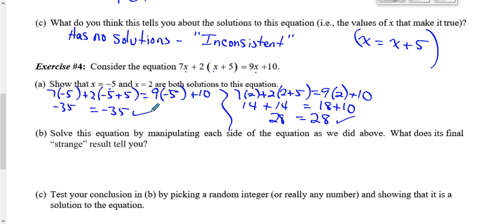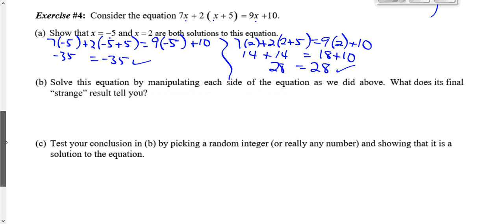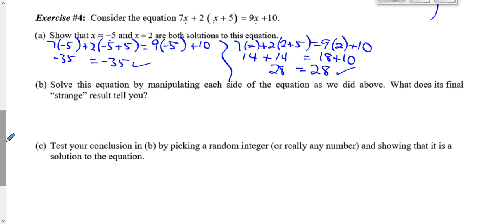Why don't we go through and solve this equation like we normally do and see what happens then? We know how to solve them, right? Let's take the 7x plus 2 times the quantity x plus 5 and distribute. If we're going to solve it, our first step would be 7x plus, distribute the 2.